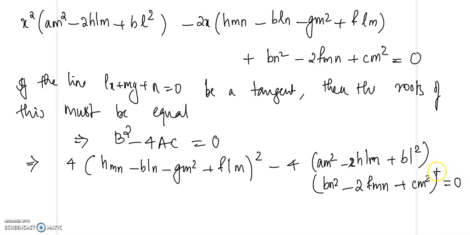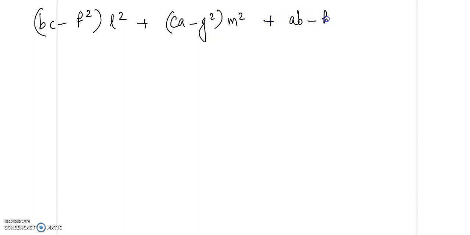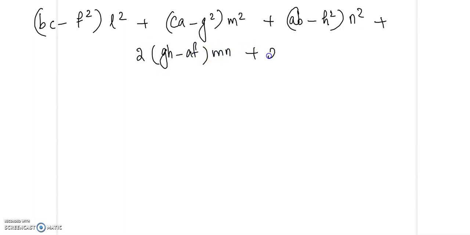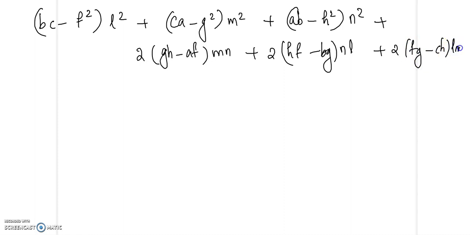Now upon simplifying this, so 4 will cancel off, 4 cancel here, and upon simplifying you can reduce it to the form: bc minus f square into l square plus ca minus g square into m square plus ab minus f square into n square plus 2 gh minus af into mn plus 2 hf minus bg into ml plus 2 fg minus ch into ln equal to 0.